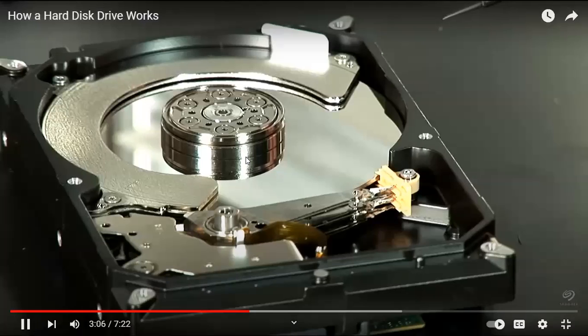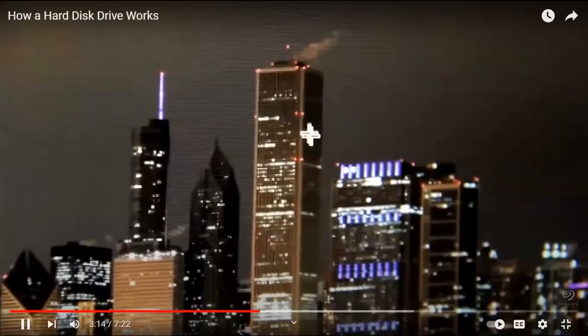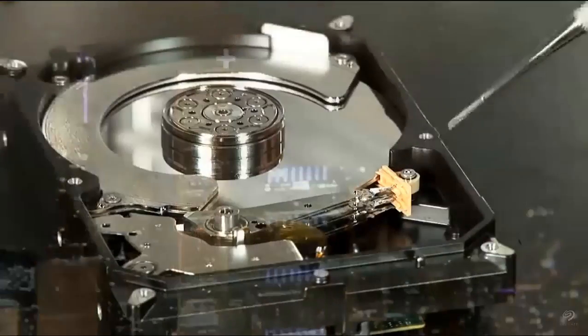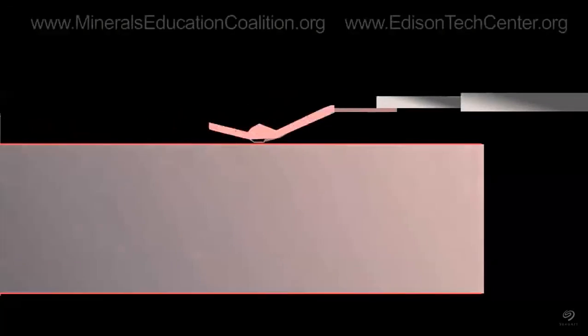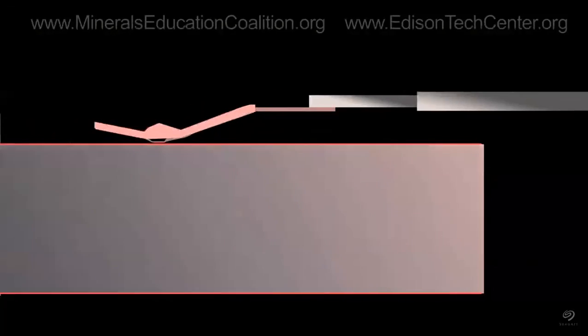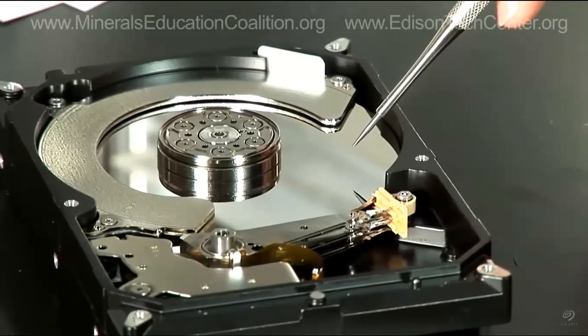If I want to write or I want to read, in other words, if I want to record a picture or bring out a picture file, the arms swing out over the disk and the heads are flying over the tracks, as we call them. So it goes to a very specific radius and the drive will be given an address to go.